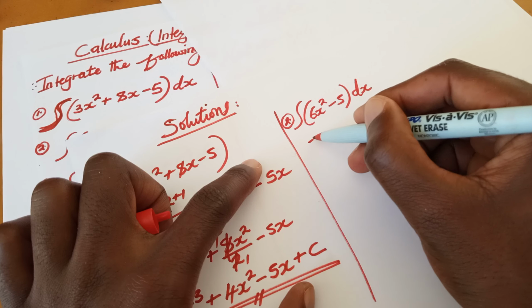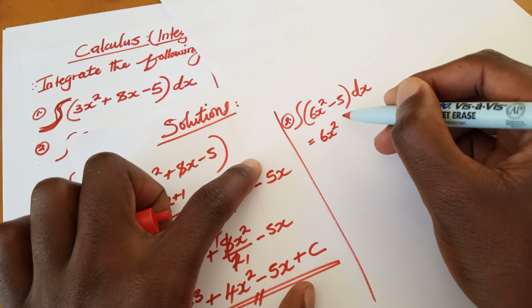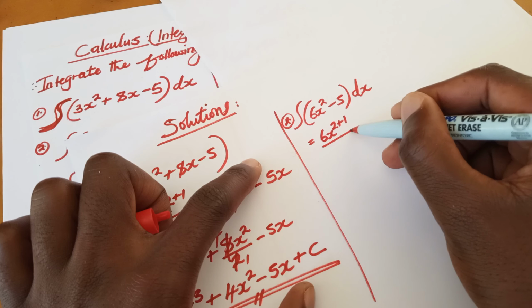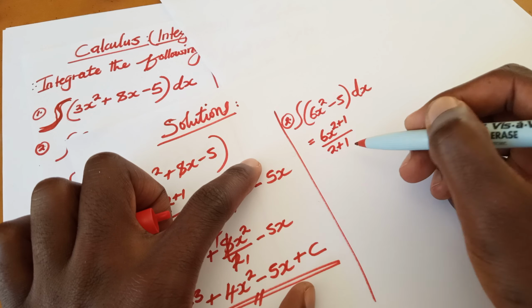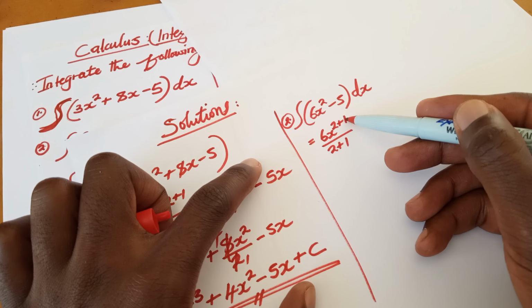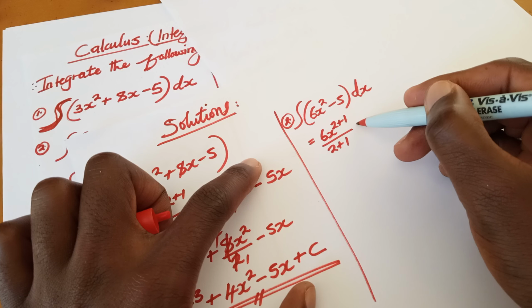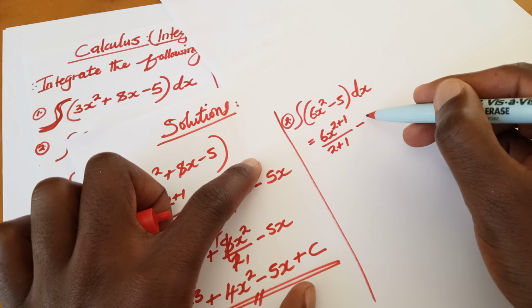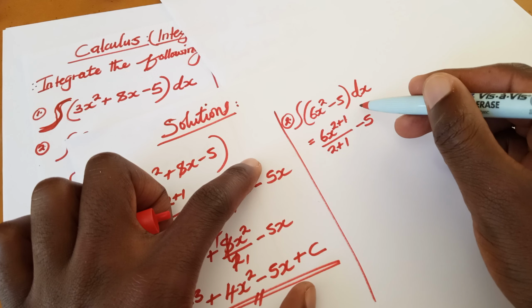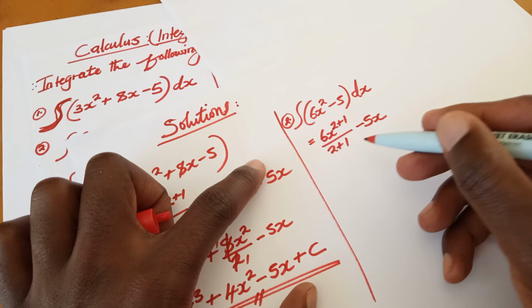So we say 6x to the power of 2 plus 1 over 2 plus 1. Even at the bottom we do the same, 2 plus 1. Minus 5, and this 5 we just add x since it's a constant.